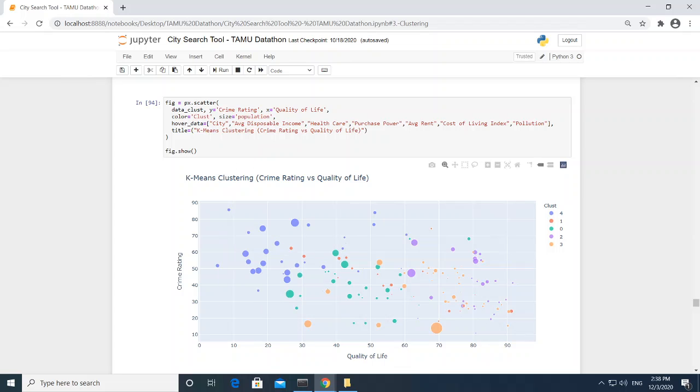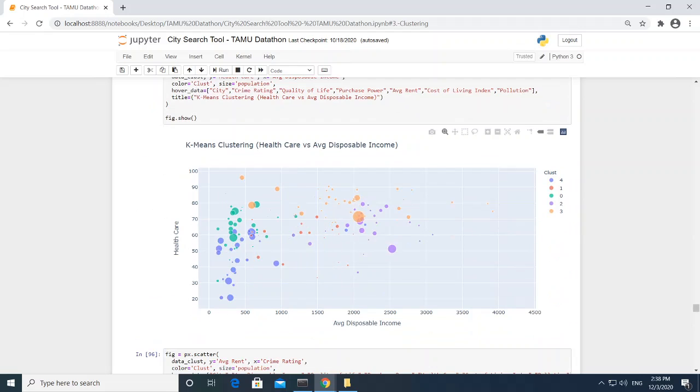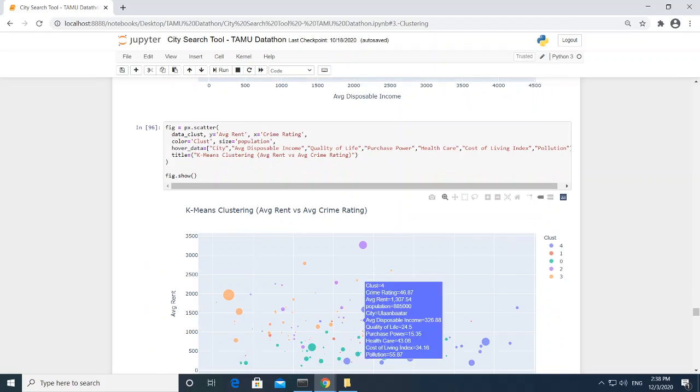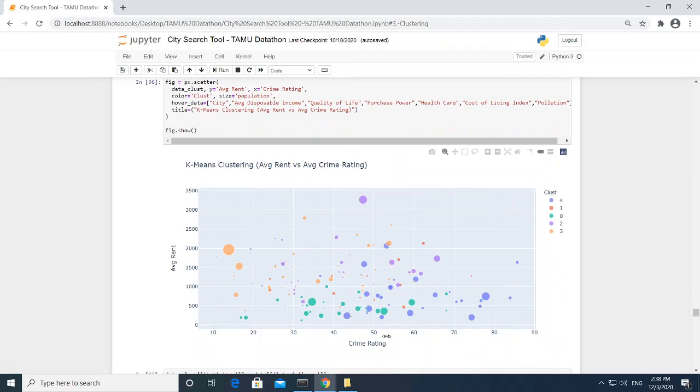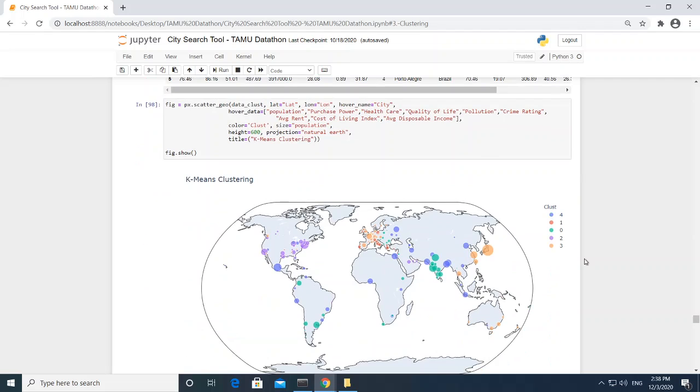So for instance, we can observe that here there is a very clear pattern in terms of the crime rating and quality of life for this type of cluster. Same here, it seems that there is a very clear cluster in terms of the healthcare and the average disposable income. So we did this for many of the predictors just to see if it was actually displaying something powerful.